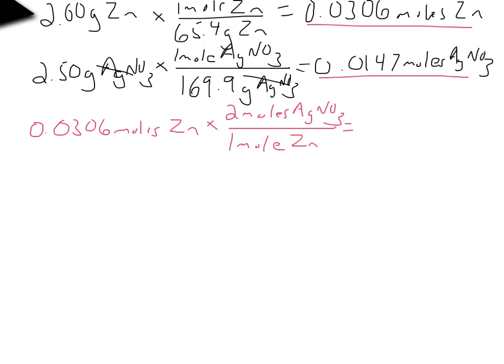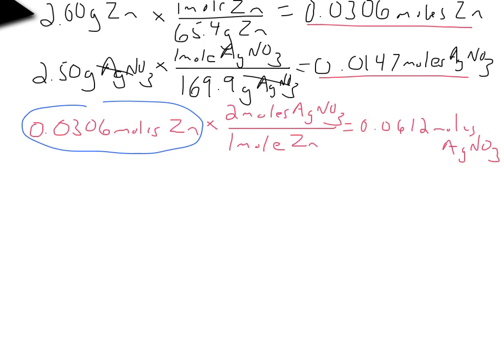So that tells us that we need 0.0612 moles of silver nitrate. Really that just says that we need that many moles of silver nitrate to react completely with that 0.0306 moles of zinc. That way we use up all the moles of zinc.